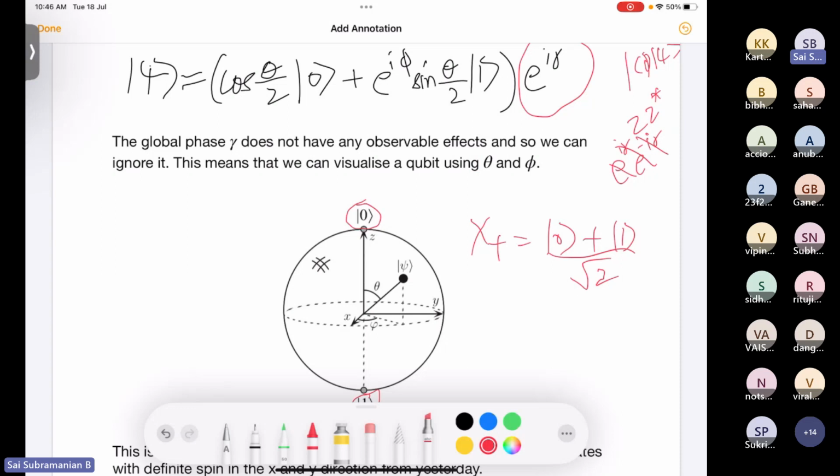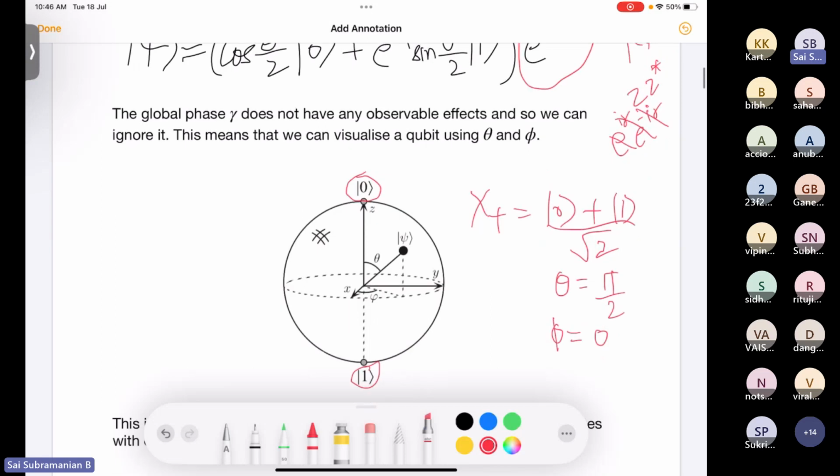This was the state with definite spin plus half in the x-axis. And if we see how we get this state, it is nothing but theta equal to pi by 2 and phi equal to 0.